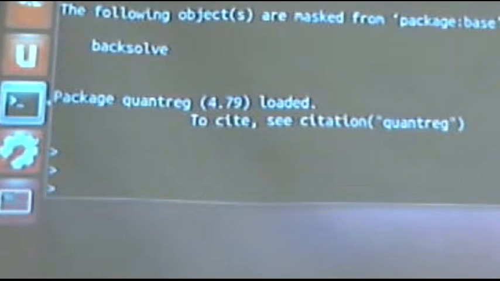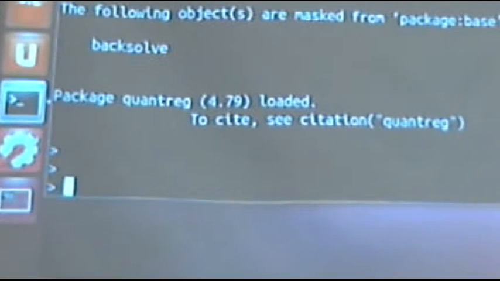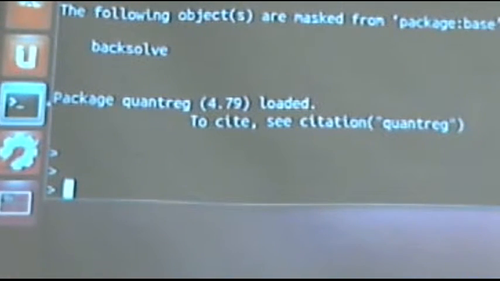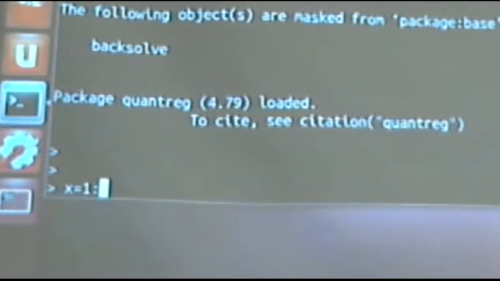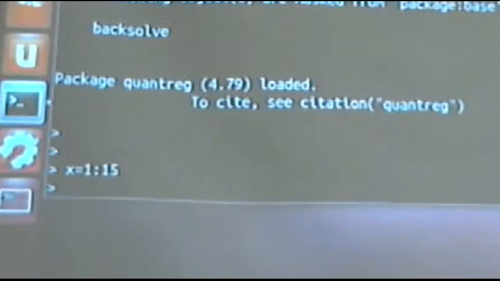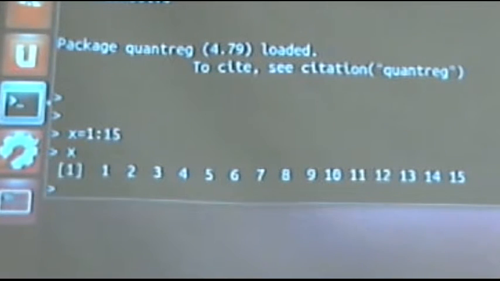We'll take normal errors, and we can control non-normal errors later if you want to. I don't know, just take x, how about x from 1 to 15? So there's our x, and then let's just generate y as five times x plus error.